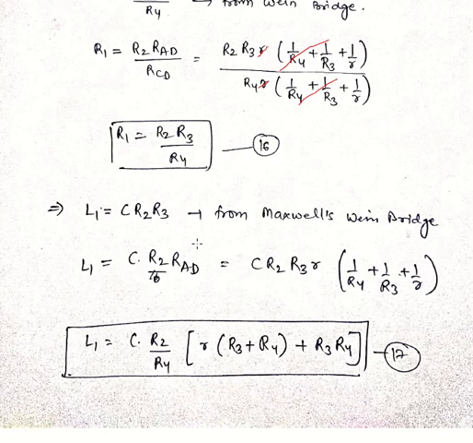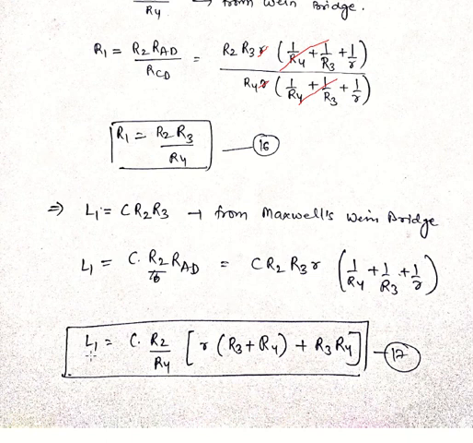Similarly, from the Maxwell-Wien bridge we have L1 equals C R2 R3. If we put the values from our Anderson equivalent bridge, with C as C, R2 as R2 and R3 as RAD, and by putting the value of RAD, we'll have C R2 R3 R multiplied by 1 by R4 plus 1 by R3 plus 1 by small r.